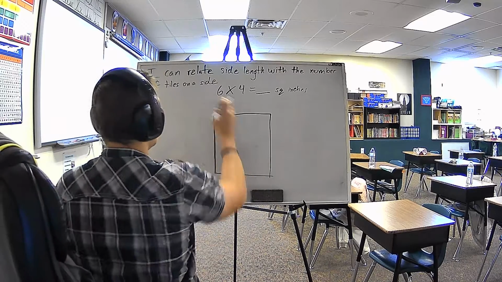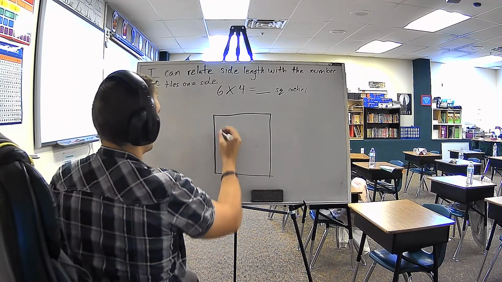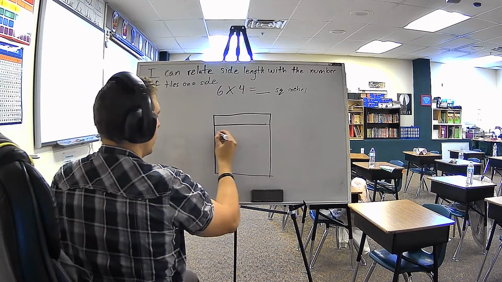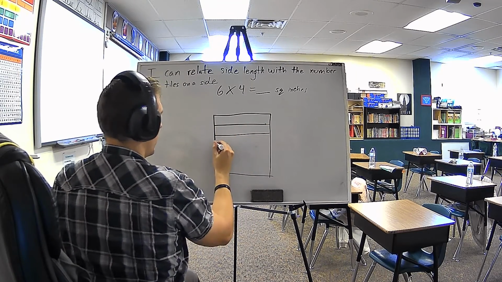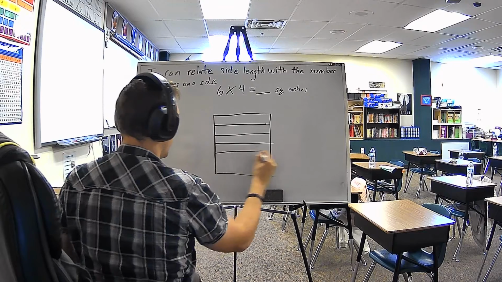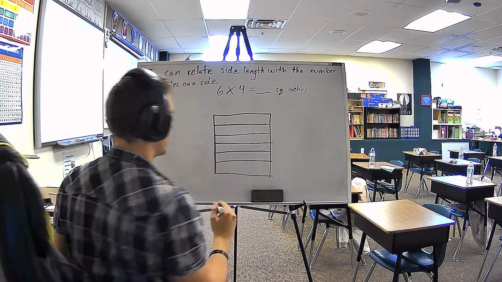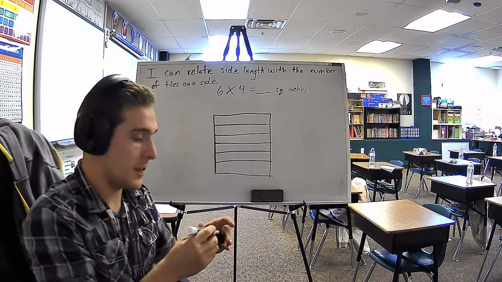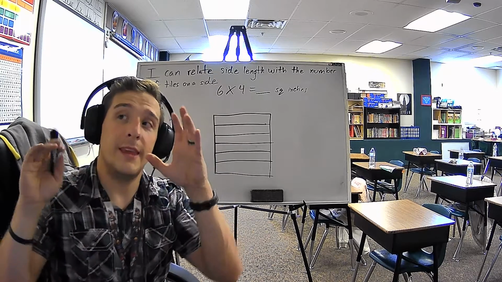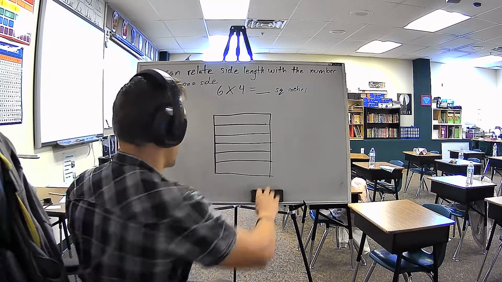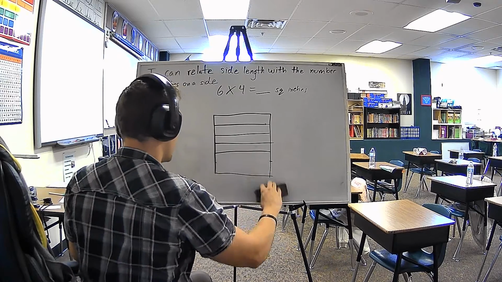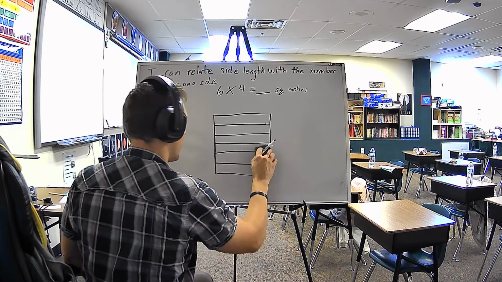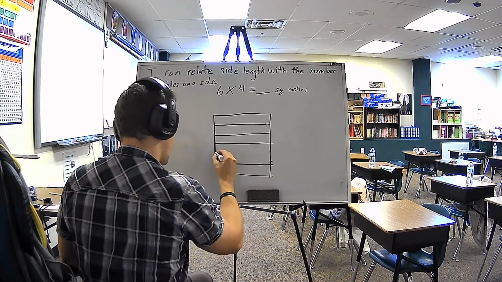So I need to break this up into 6 groups. There's 1, and technically 2 down here, 2, 3, 4, 5, 6. I would always double check to make sure I'm right: 1, 2, 3, 4, 5, 6. Once again, every single one of these is the exact same shape, so I'm going to fix this one a little bit lower to make it closer to accurate.